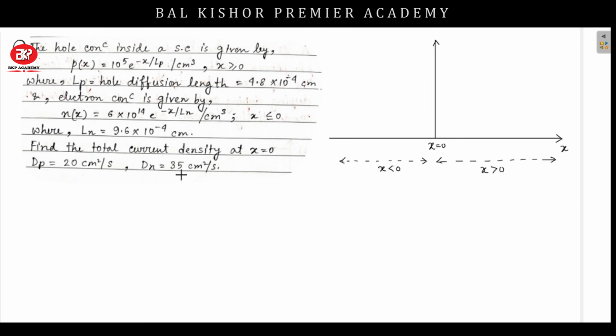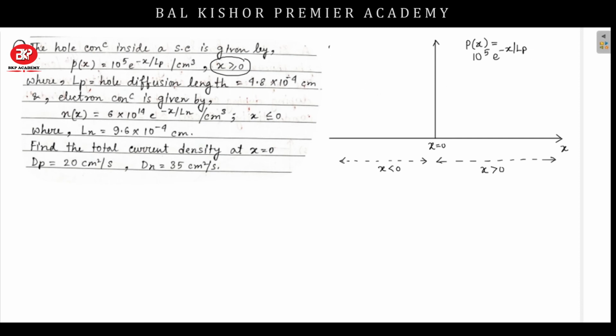Now, the hole concentration is valid for x greater than or equal to 0, and p of x is given as 10 to the power 5 e to the power minus x by Lp, where the Lp value is given.